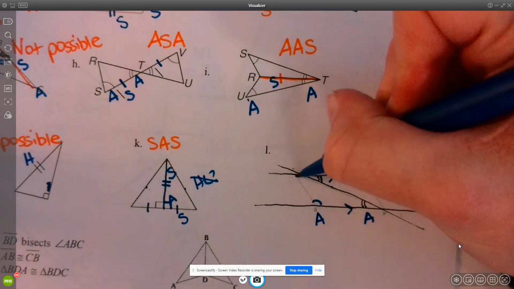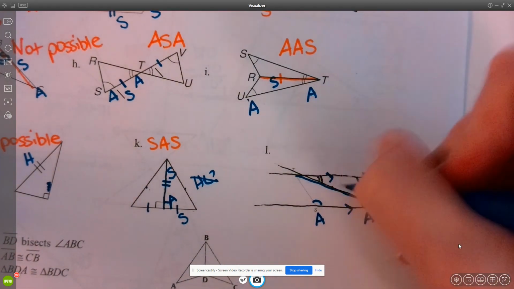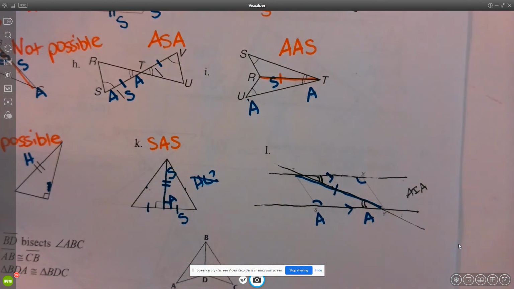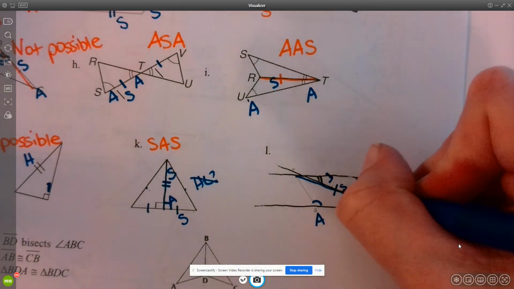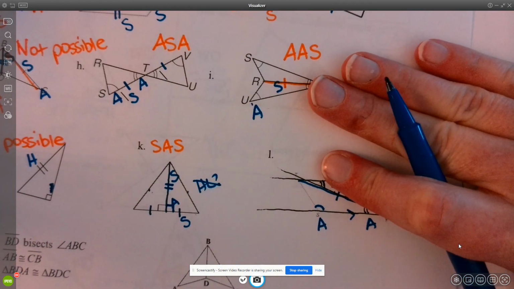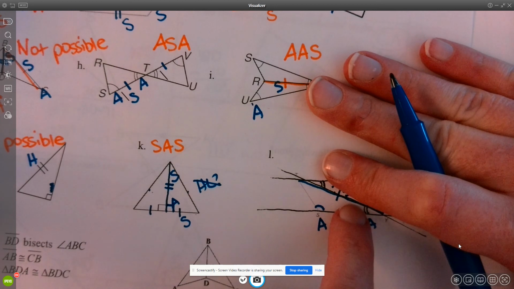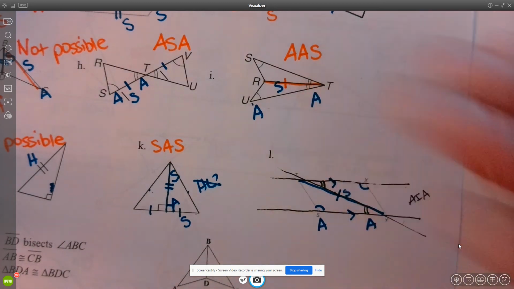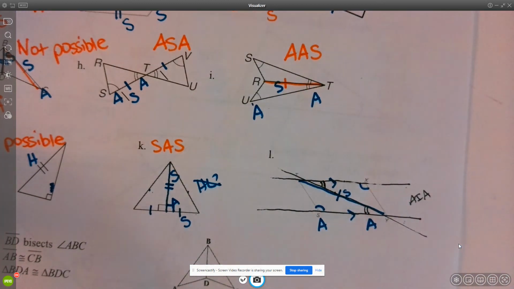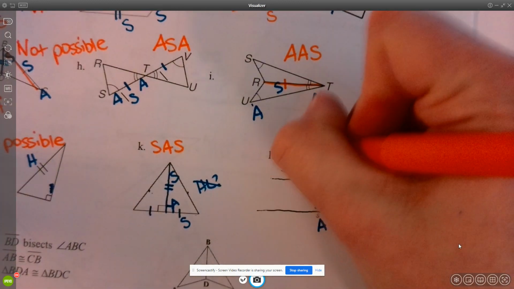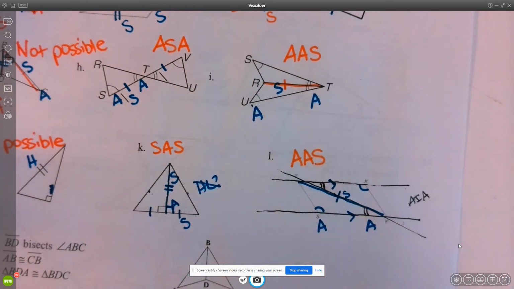Notice they also share a side. I can go ahead and set that side congruent to itself. So look at one of the triangles. I have an angle, and a side. This side is not in between the angles. It is outside the two angles. So this is an example of angle, angle, side.